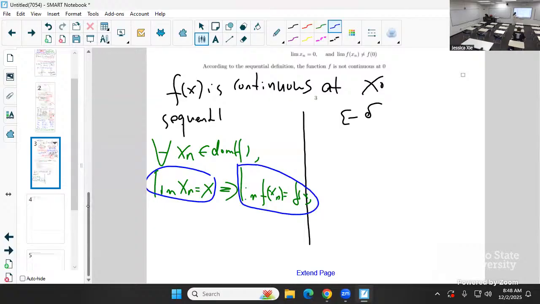All right, so what's the negation? What's the negation that f of x is discontinuous at x naught?